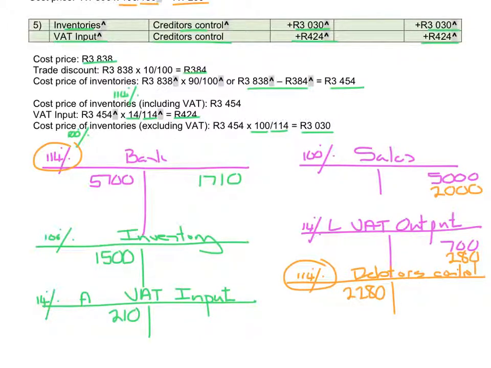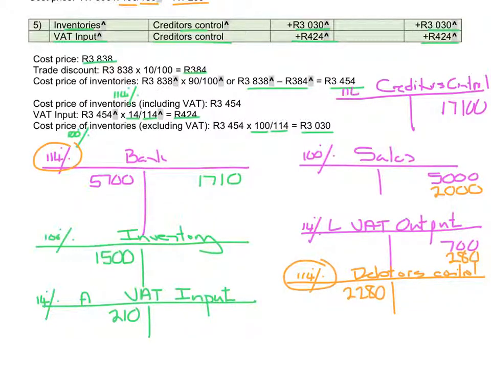If we buy goods on credit, we will open a creditors control account, and in this creditors control account, we will show that we buy goods for, say, for instance, 1,700. That amount that we owe to the creditors includes the VAT.